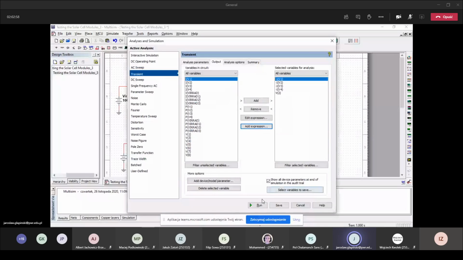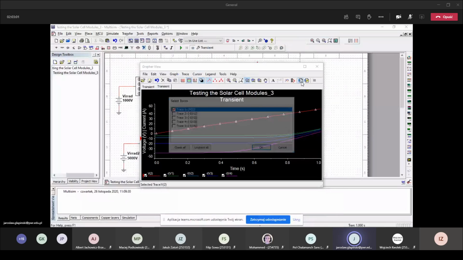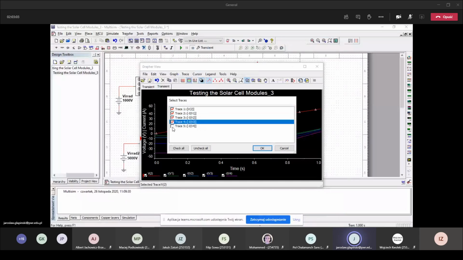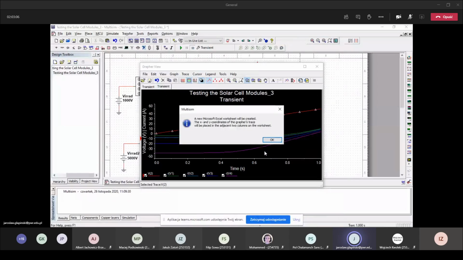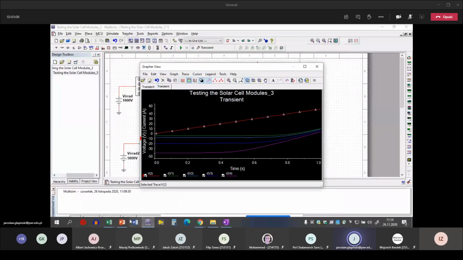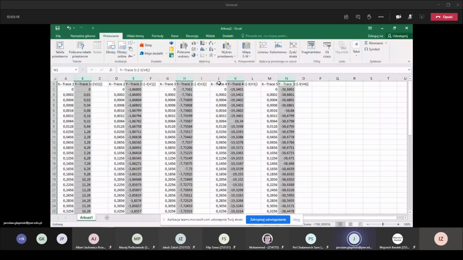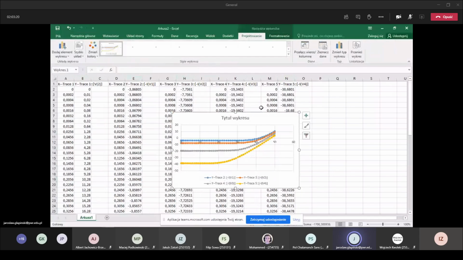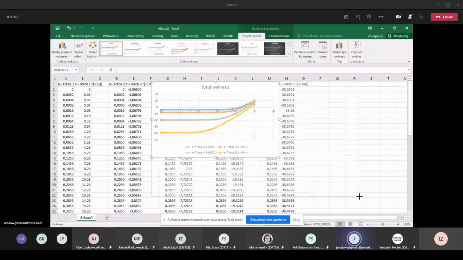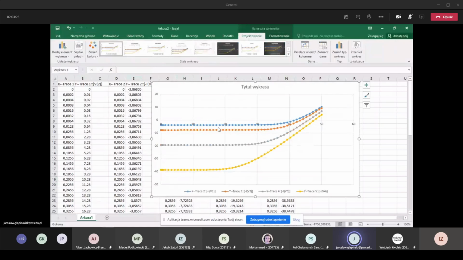You can see that we've got different waves, we can plot them in the Excel. Okay, so you can see we've got different values of current, depending on the light.